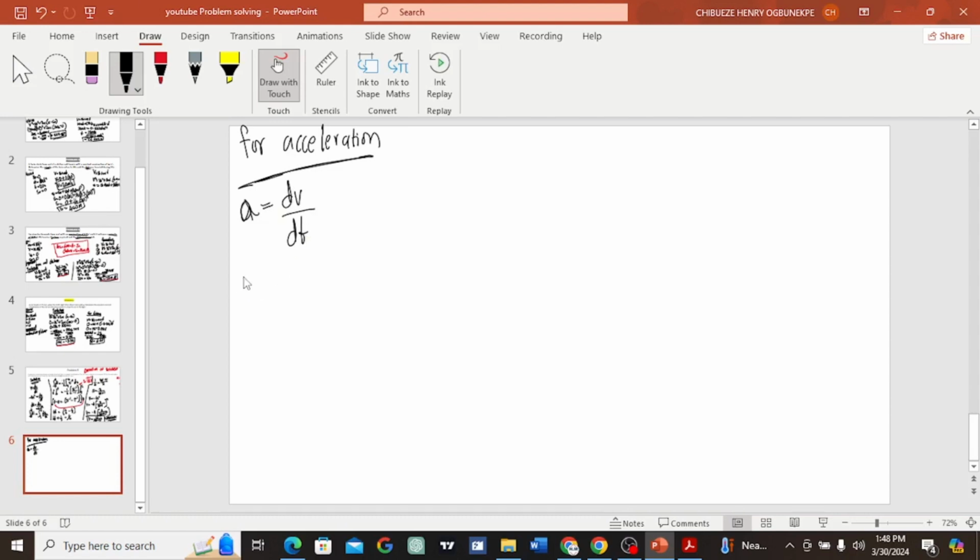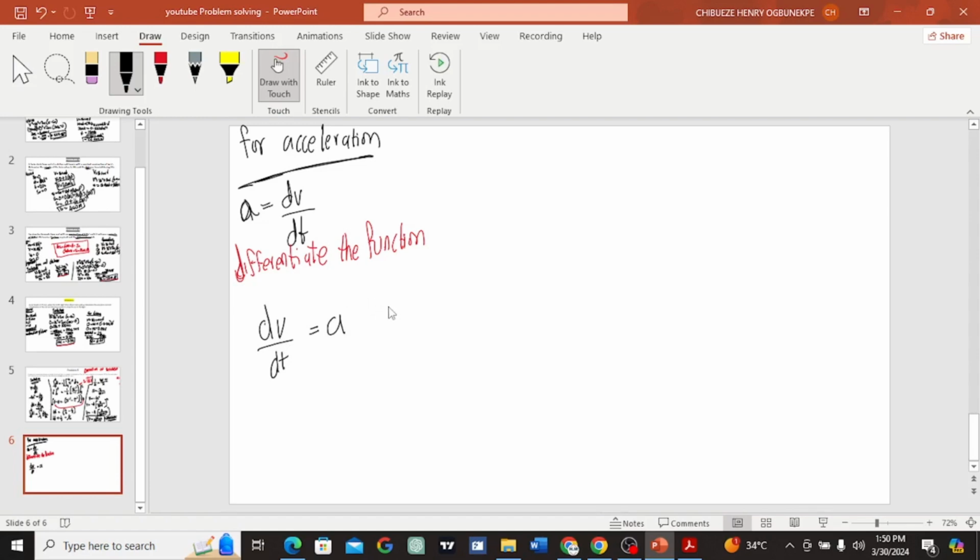We have to differentiate the function, where dv over dt equals a.